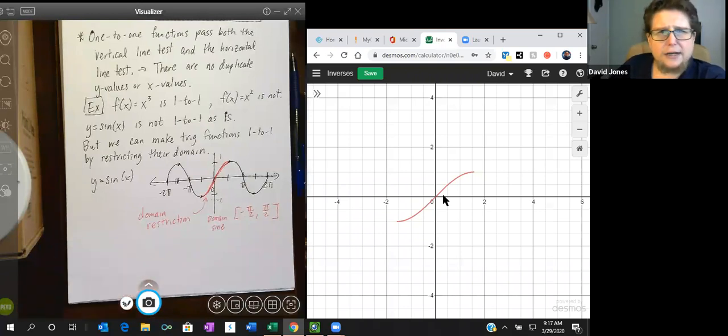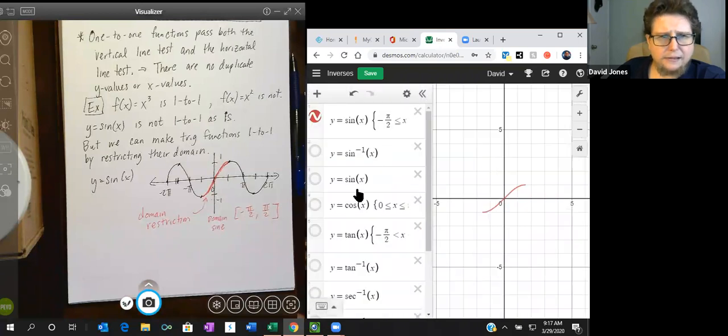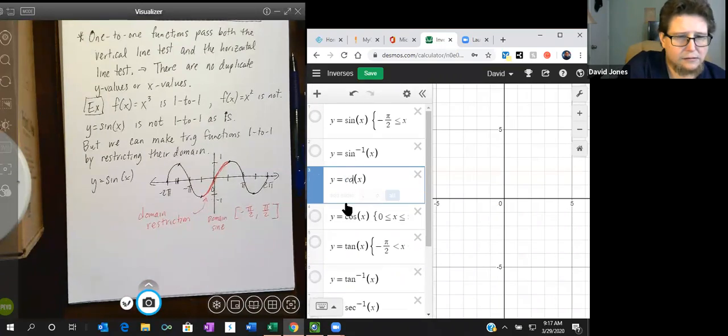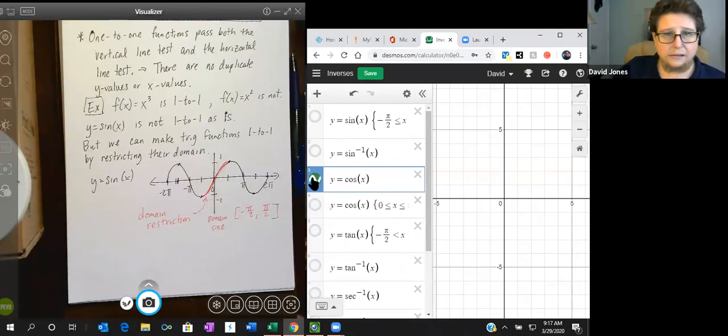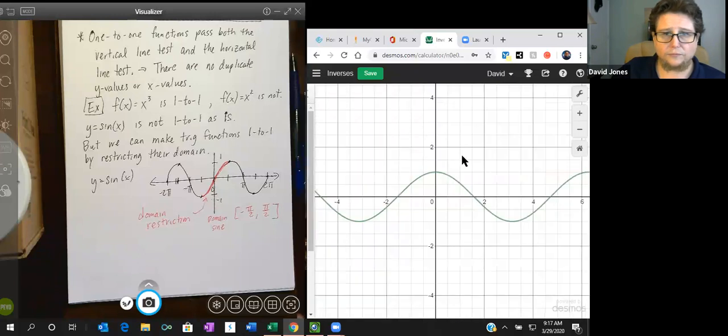Let's take a look at cosine. Also repetitive. We want to stay as close to 0 as possible. If we try to do -π/2 to π/2, our y values repeat.